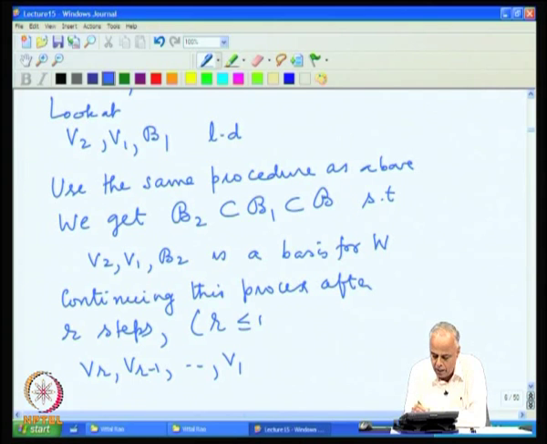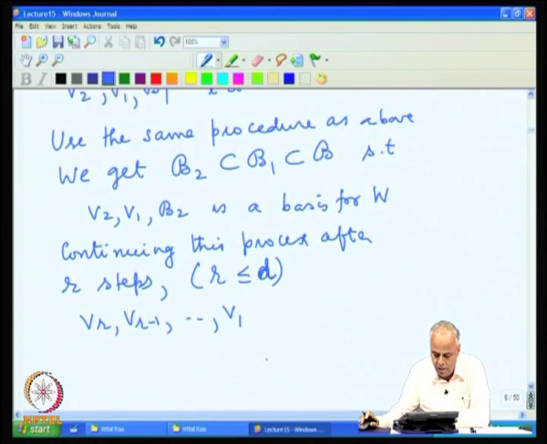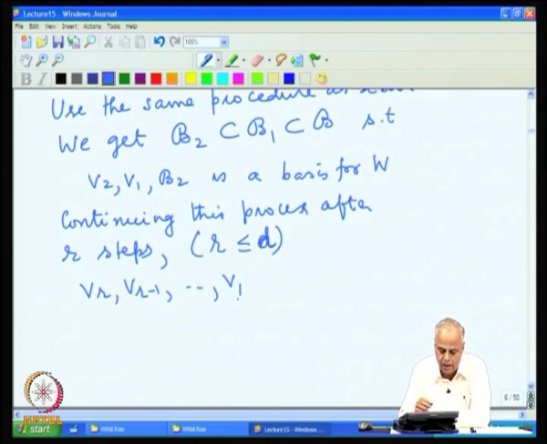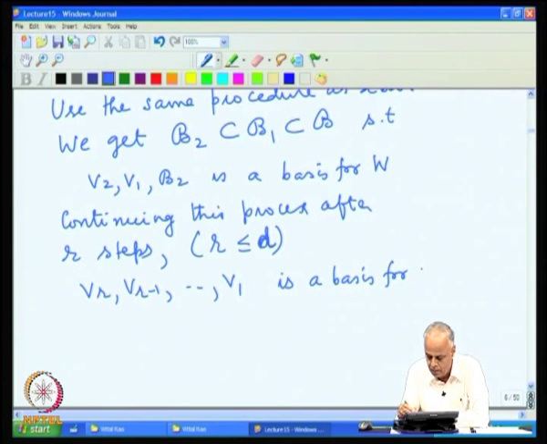So, r can be at most d. After d steps all the B vectors would have been knocked out. So, we would get after r steps, where r is less than or equal to d, V is a basis for W.